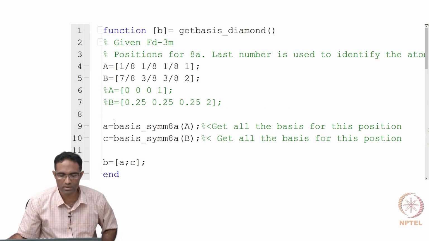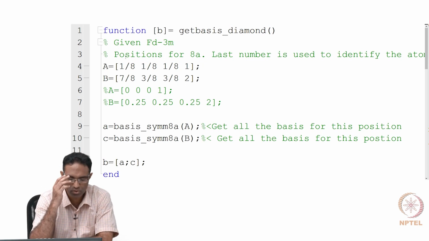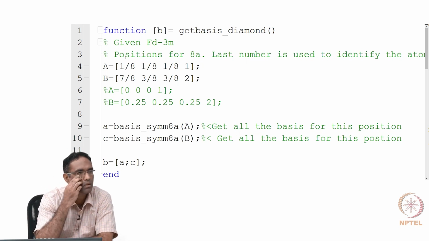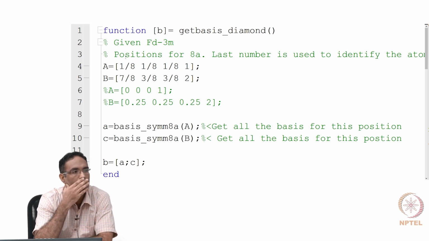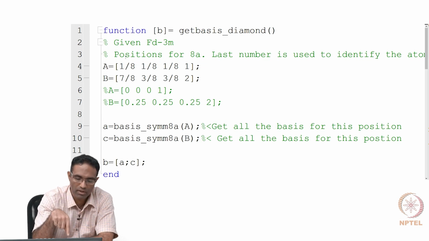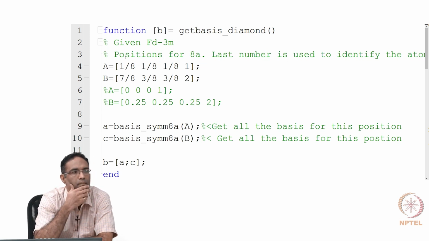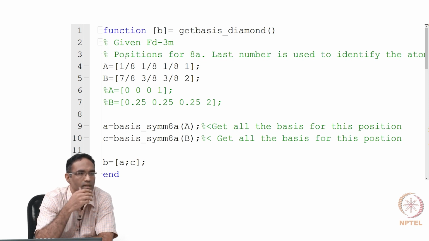Now, in addition to this, there's something else that's been done here. Sometimes what can happen is, 1 by 8 plus half, what is it going to be? 5 by 8, okay. Sometimes 7 by 8 plus half, 11 by 8, becomes greater than 1, correct?